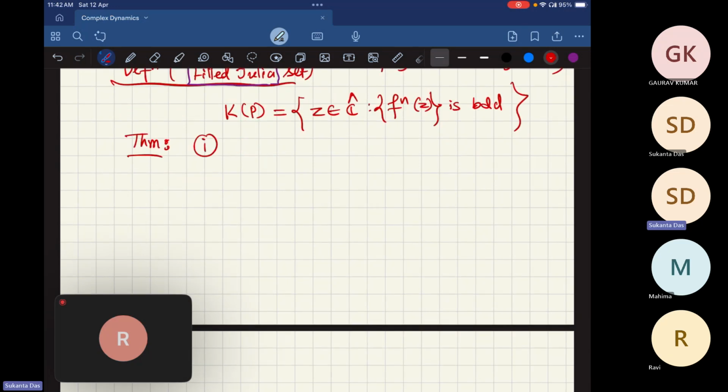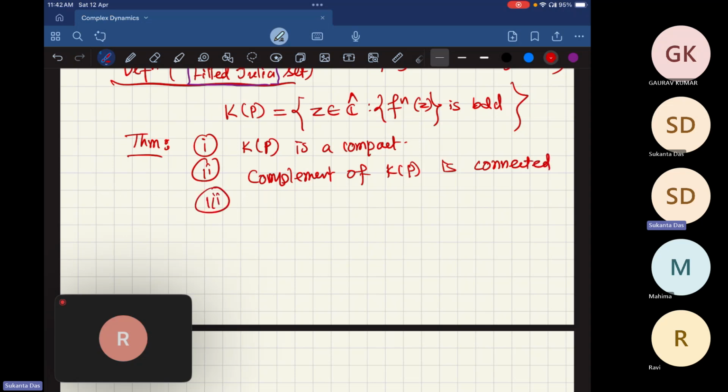Okay. So the first one is that this Kp for a polynomial is a compact set. Second one, that the complement of Kp is connected.